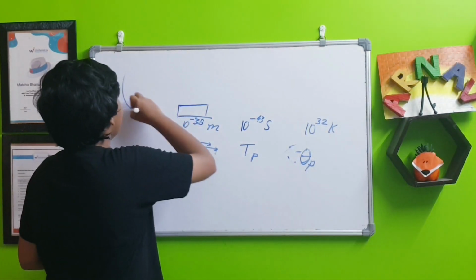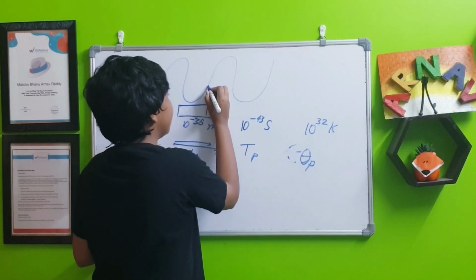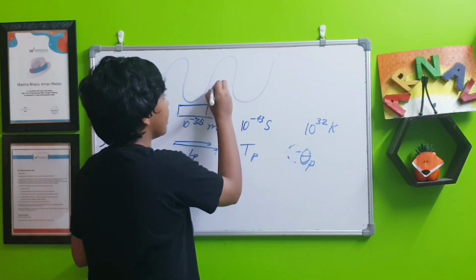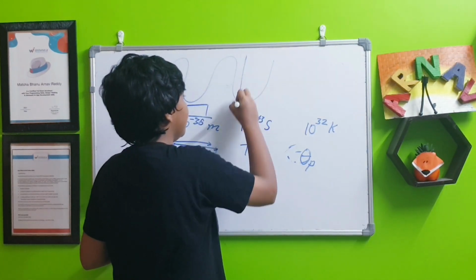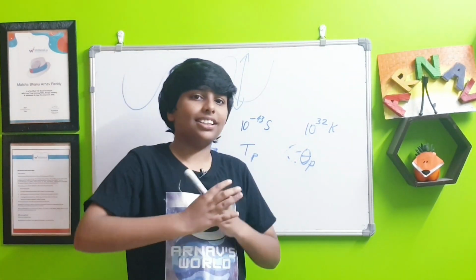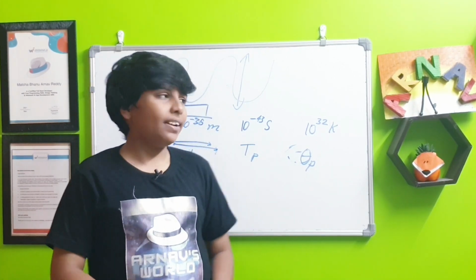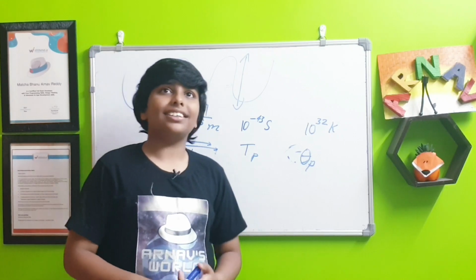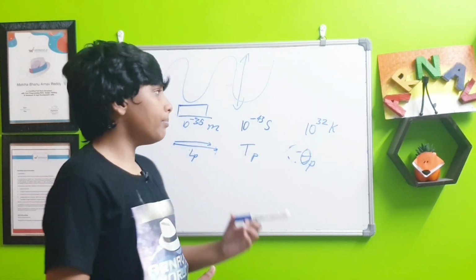A wavelength is the distance from here to here. Some wavelengths can be meters, about the size of me, while others could be minuscule and others ginormous.